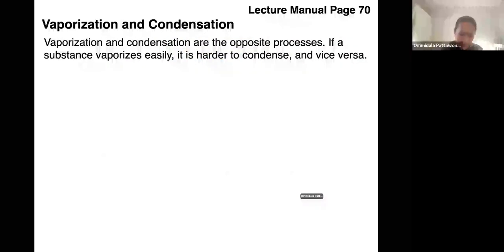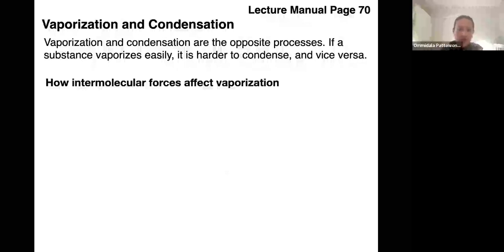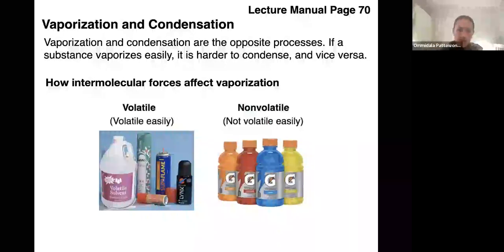So let's take a look at vaporization and condensation first. When I talk about vaporization or condensation, you just know that they are opposite processes, okay? If you're looking at how intermolecular forces affect vaporization, you can look at two different cases. If you have two substances, one has weak intermolecular forces holding them together, and the other has strong intermolecular forces, you can differentiate them into two categories.